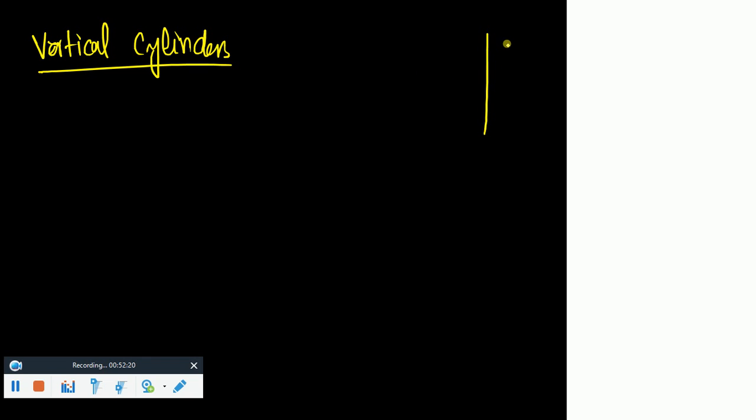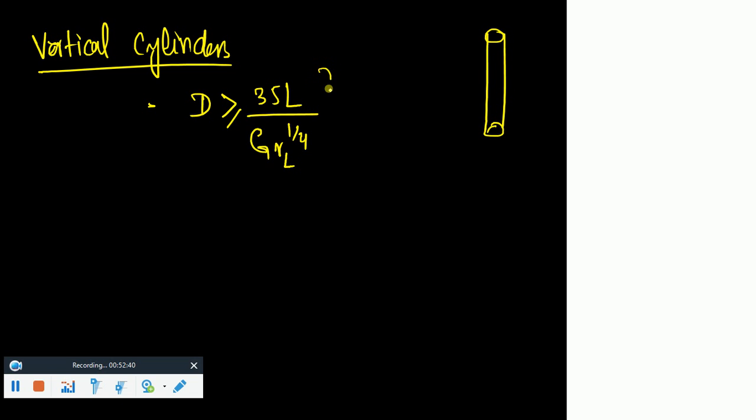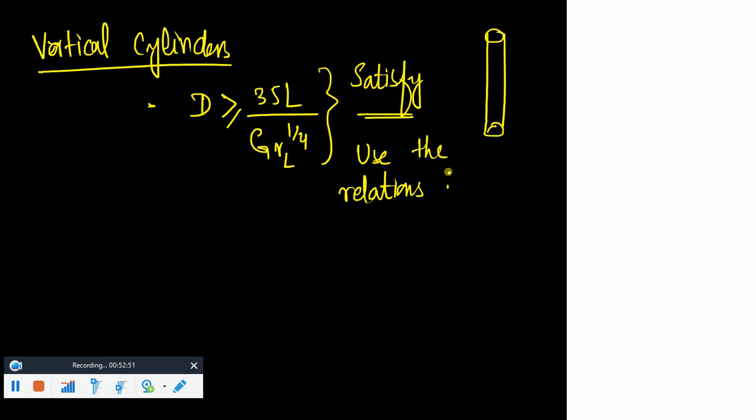Vertical cylinders means what? Okay, so there is a condition. If the diameter is much larger than 35L over Grashof number raised to power 1 by 4, if you satisfy this condition, use the relations for vertical plate.